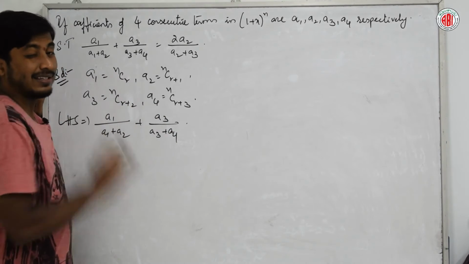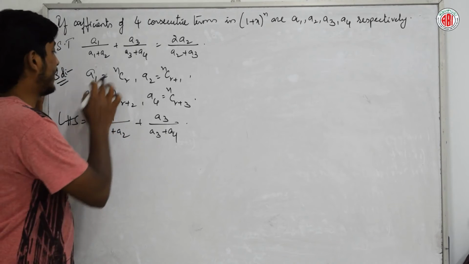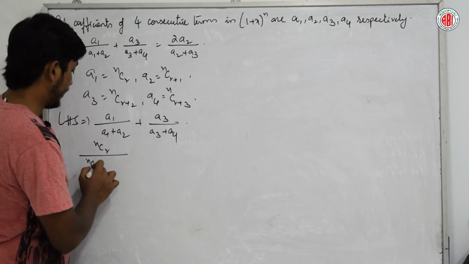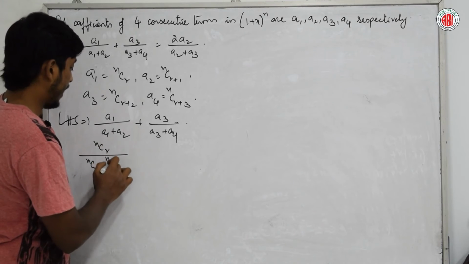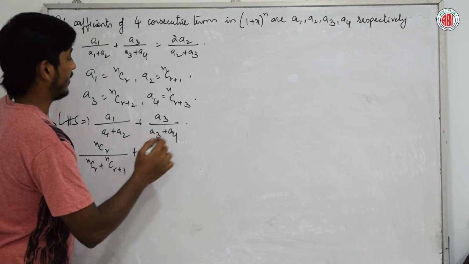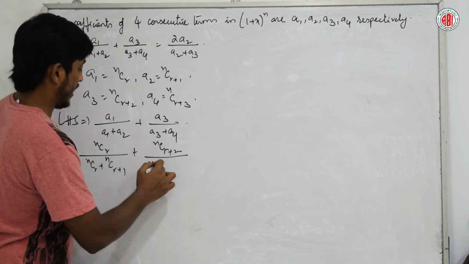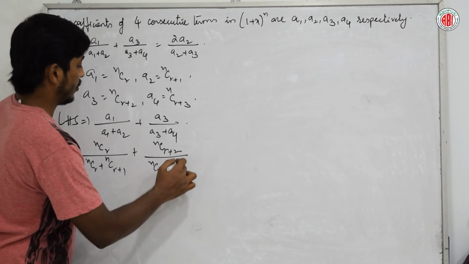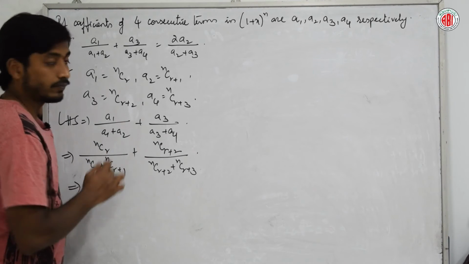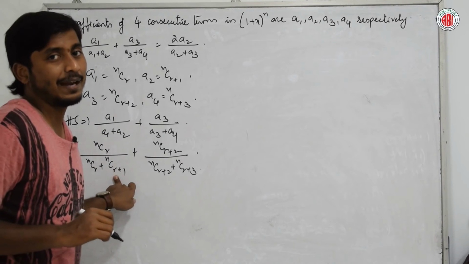Now just substitute and simplify in a neat and simplified manner. What is A1? nCr, nCr plus nCr plus 1, plus A3 is nCr plus 2 divided by nCr plus 2 plus nCr plus 3. Is it? Now if you observe, what is this nCr plus nCr plus 1?